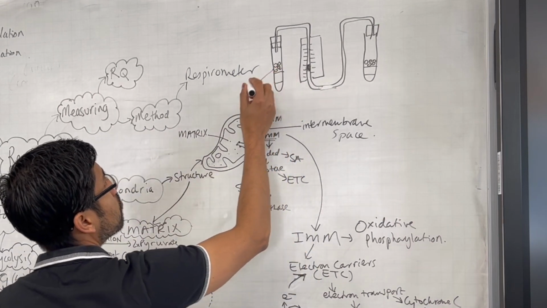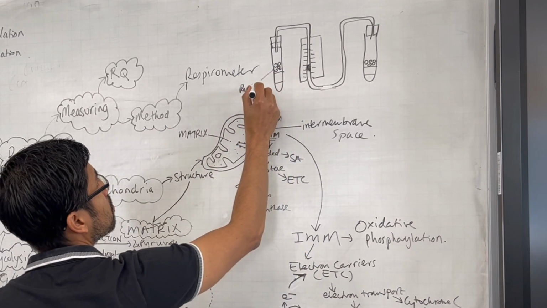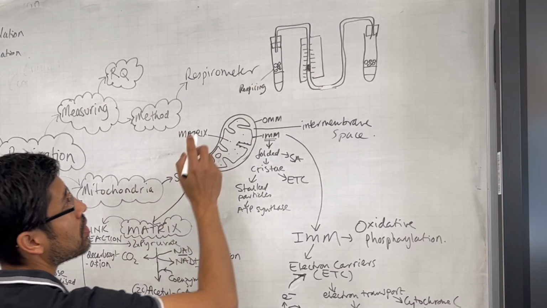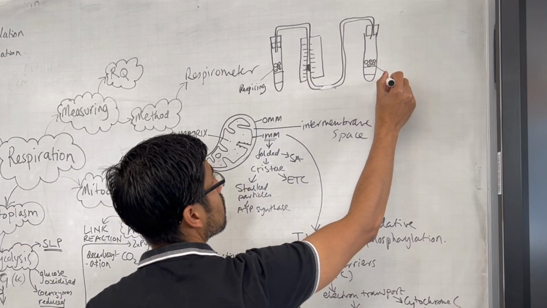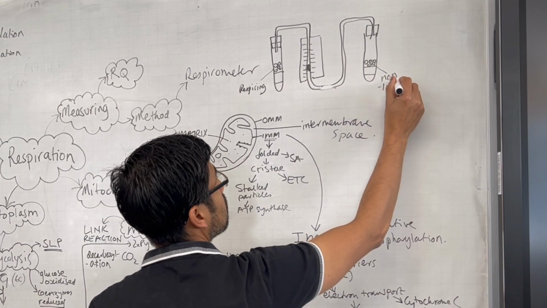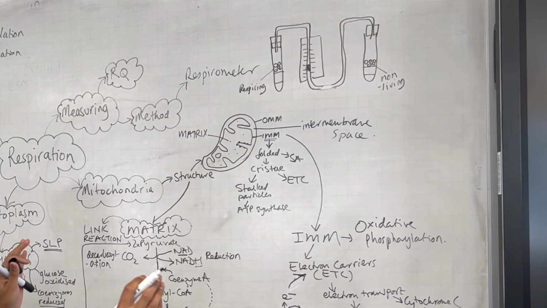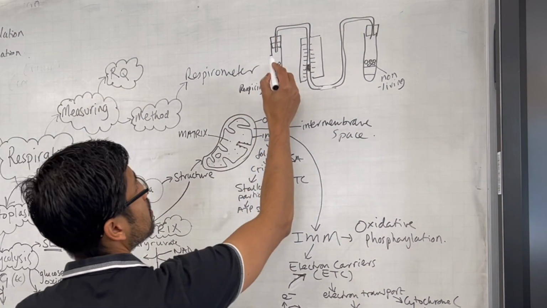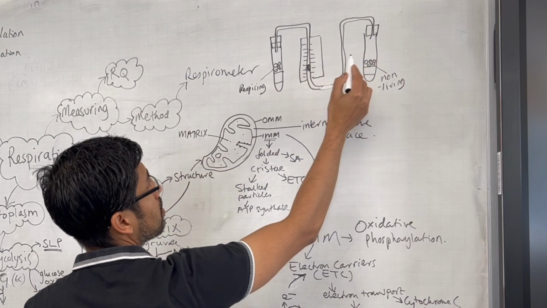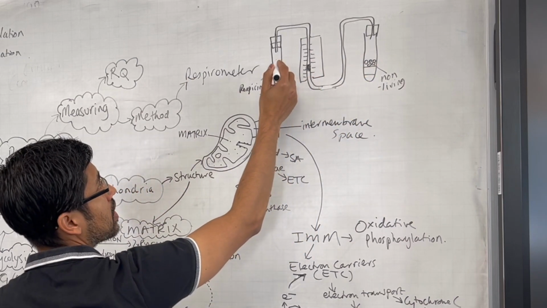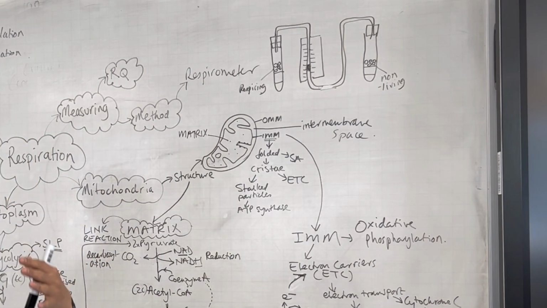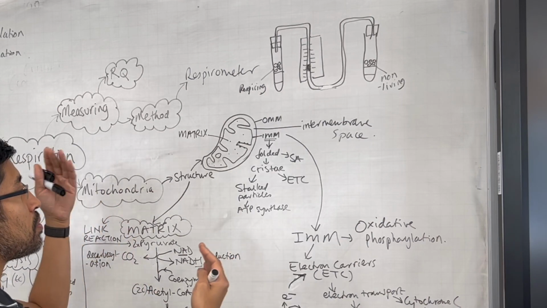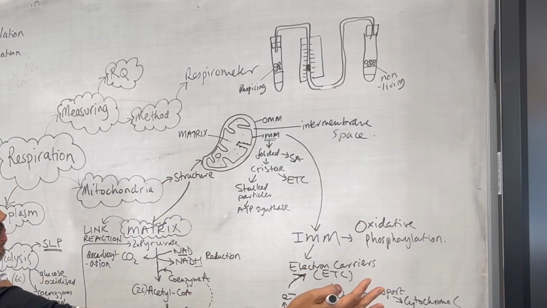So you've got respiring organisms in one side, and on the other side you've got something non-living, so it's not respiring. The idea is that this is all an airtight connection. These organisms are respiring, so they're taking in oxygen but evolving CO2.